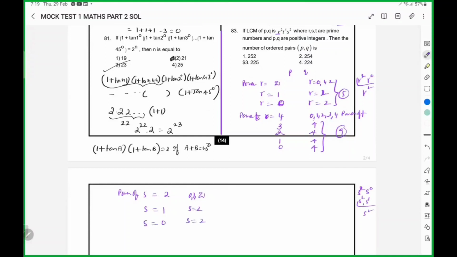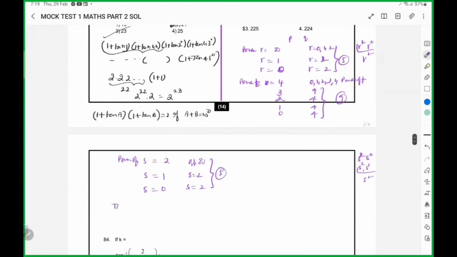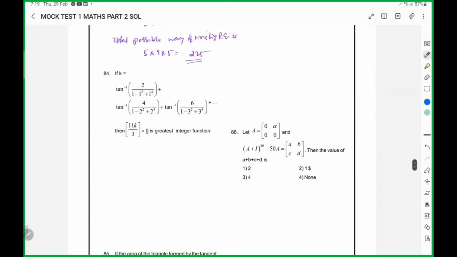So this is how we get the LCM of PQ as this. Here also we have 5 possibilities. So the total possible ways of writing P comma Q is 5 into 9 into 5, which is 225 possibilities.